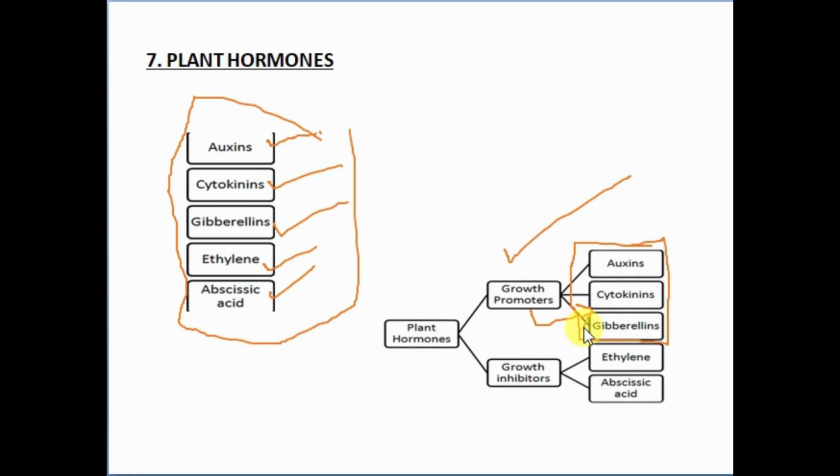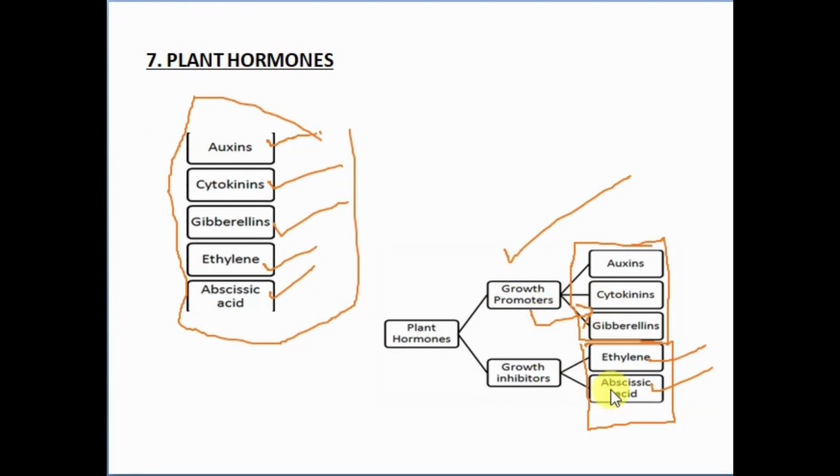If a bud is turning into a flower, it's because of these growth promoters. And these are growth inhibitors. If you see your banana, the ripening of fruits, that is because of growth inhibitors. What are these hormones? They are ethylene and abscisic acid.